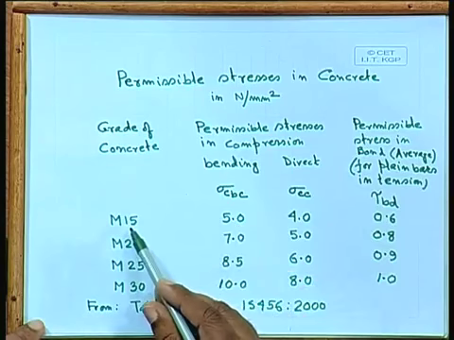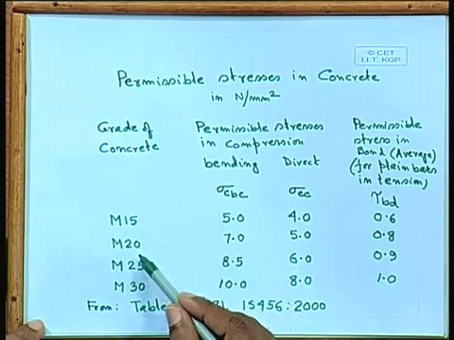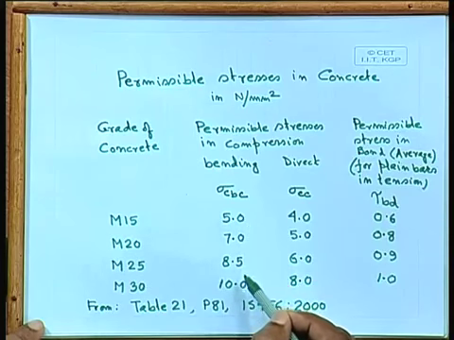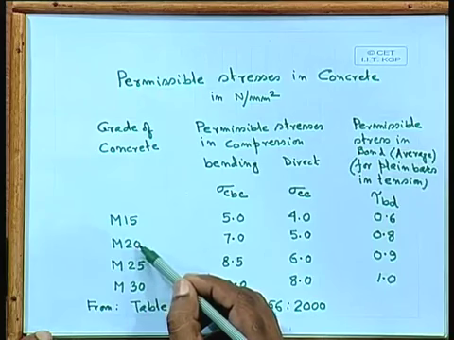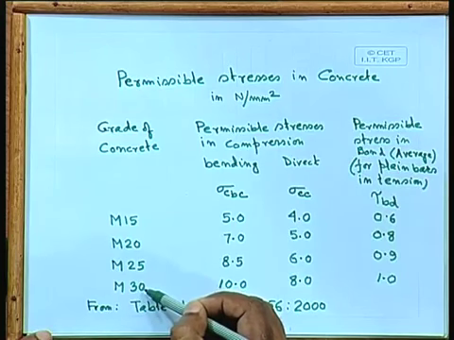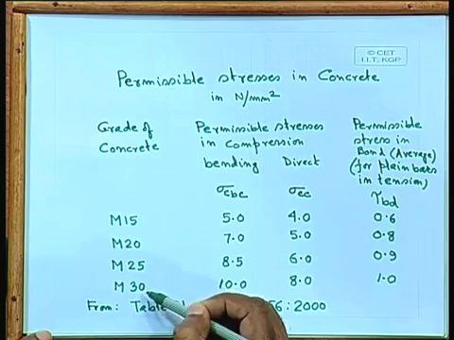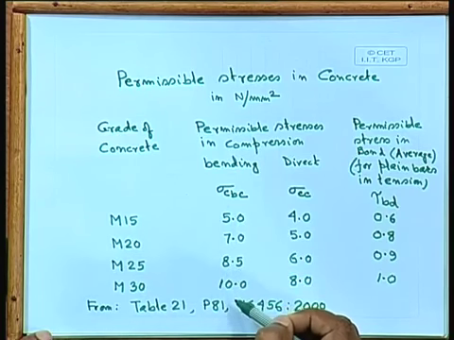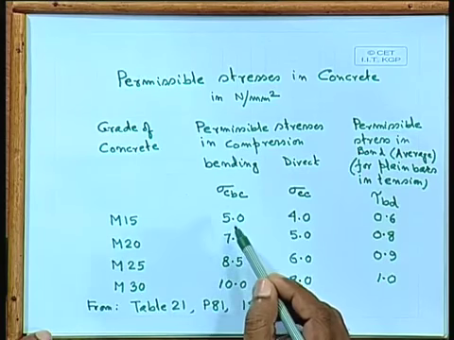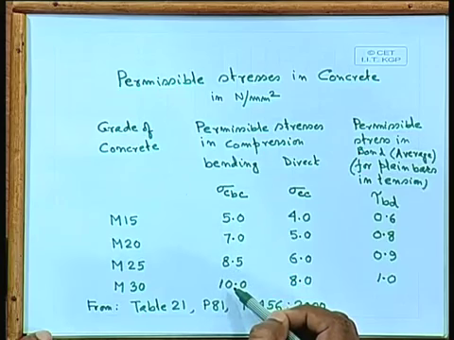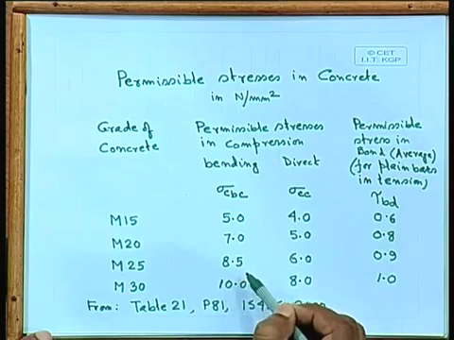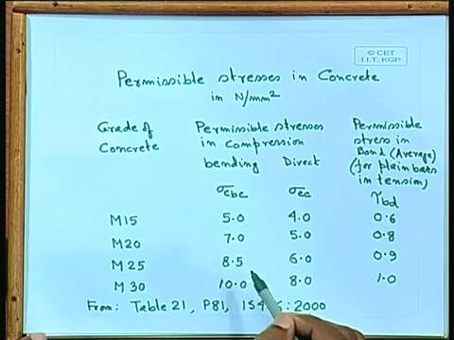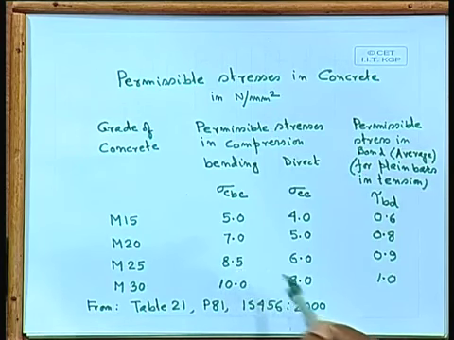So, you can see 15 by 3, 20 by 3, which is coming approximately the factor of safety 3. That means the cube strength here 15, 20, 25, 30, and you can get the corresponding bending compression in concrete almost 1/3. So, we are considering that factor of safety 3, which I have told in the very beginning.